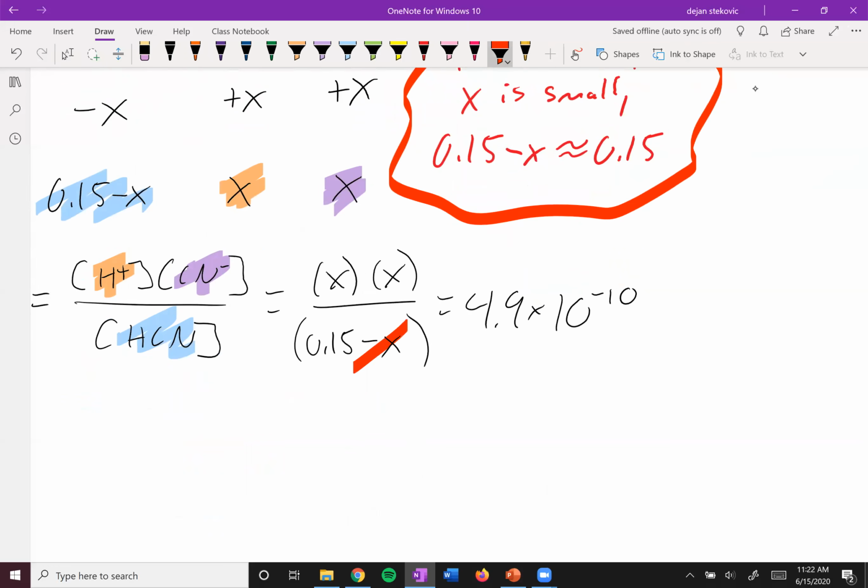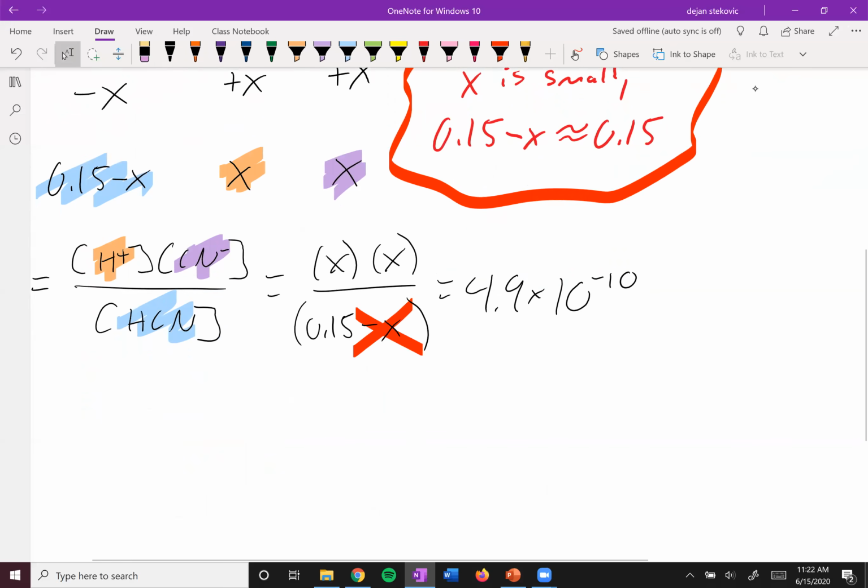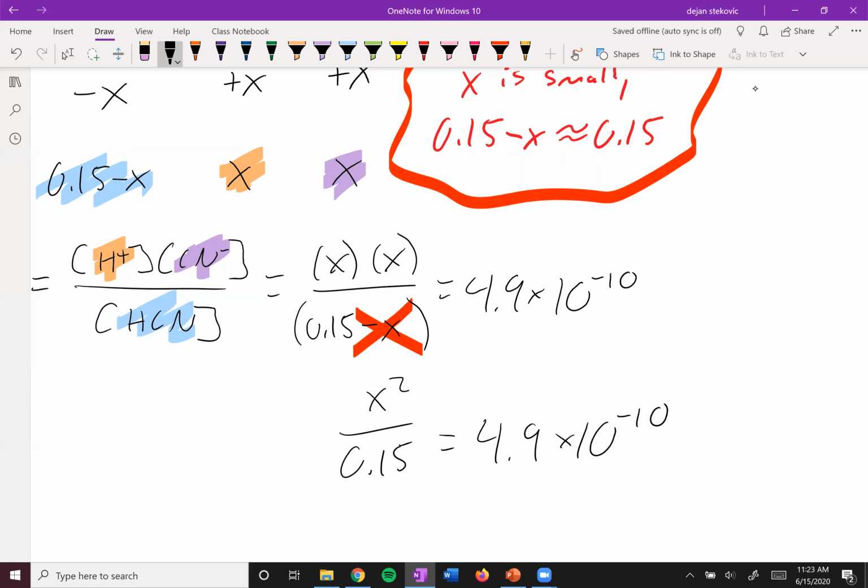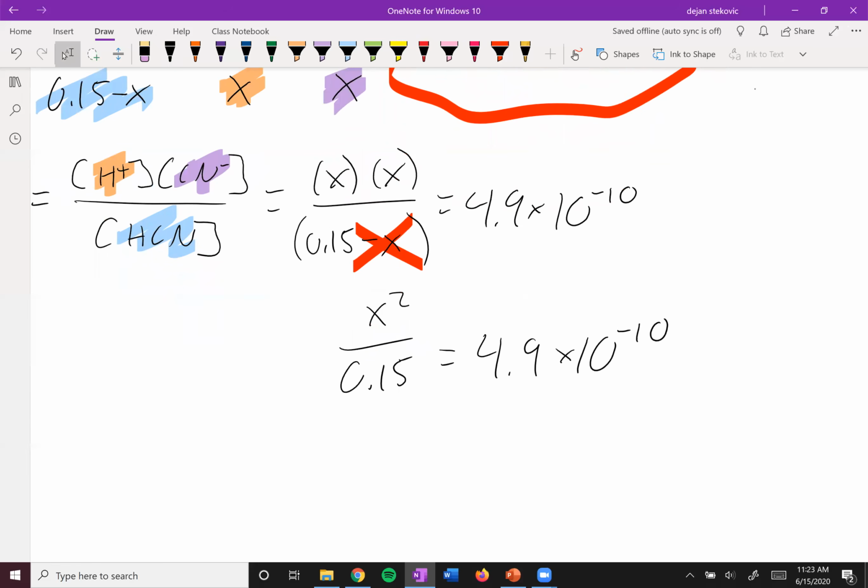What that allows us to do is get rid of this minus X. And so we can rewrite this as X squared divided by 0.15 is equal to 4.9 times 10 to the negative 10. Then we just solve for X. We multiply both sides by 0.15 and then take the square root. If you do that, you should get 8.6 times 10 to the negative 6 molar.